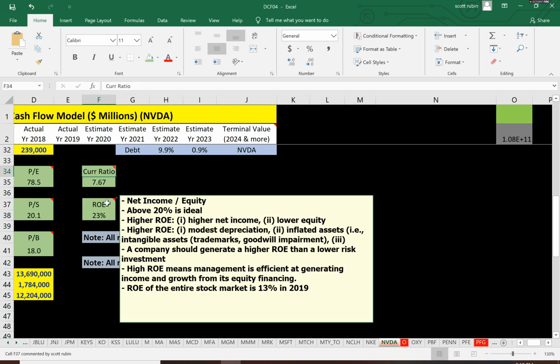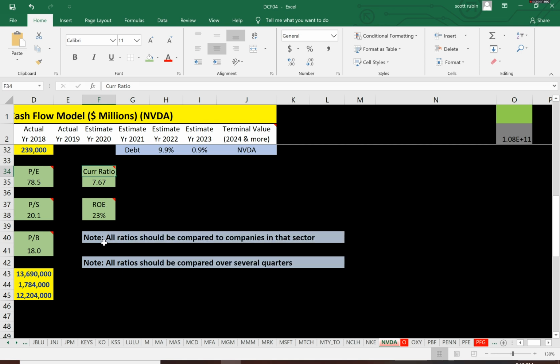ROE, they have a good ROE, 23%. We want our ROE above 20%. That's how they're using their equity funding, how efficient they are in generating business from the equity. So when you look at these ratios, you want to compare a company over several quarters to see how it changes.